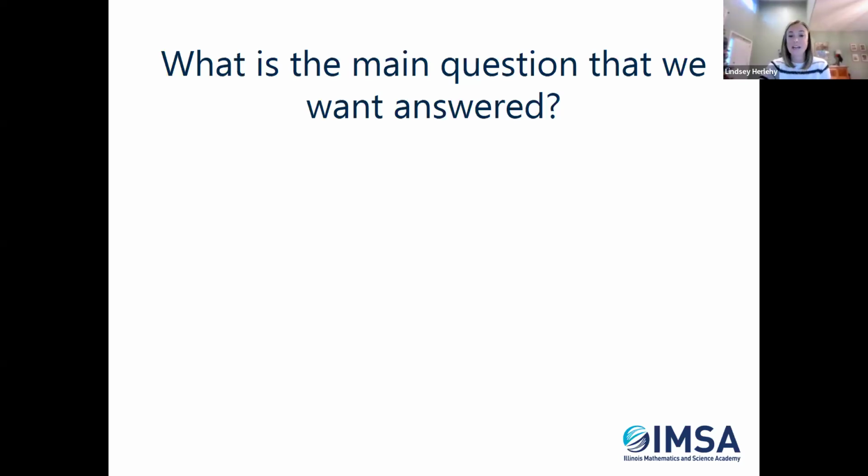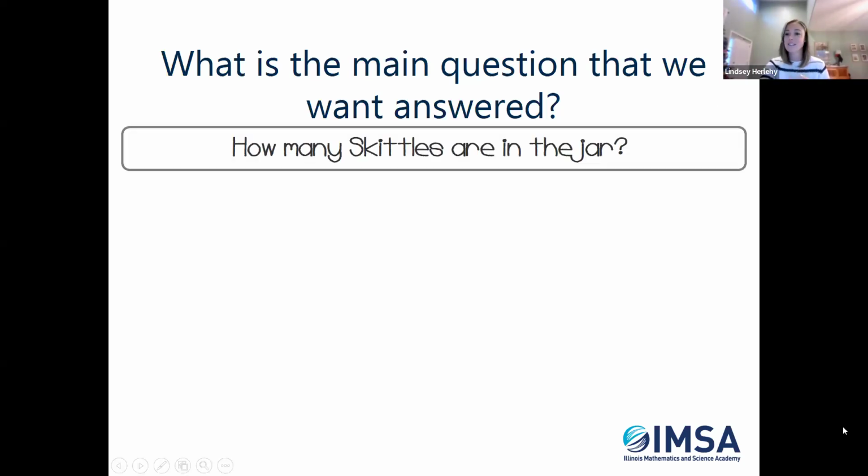Typically, students write out their wonderings, their questions, on sentence strips, and then we organize them to see how many students ask the same question, to see which one is the most popular question. And most often than not, remember having your thinking in teacher mode, that is the question that we're after here. So if we're thinking about what's the main question that we want answered, as you can probably guess, it is the question, how many Skittles are in the jar? All right. So that's the question that we are going to answer here today.